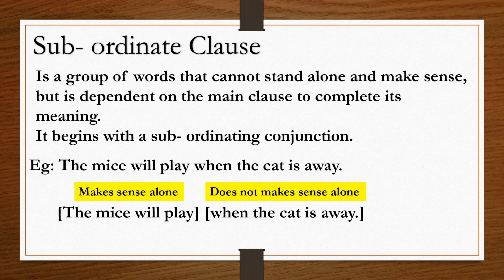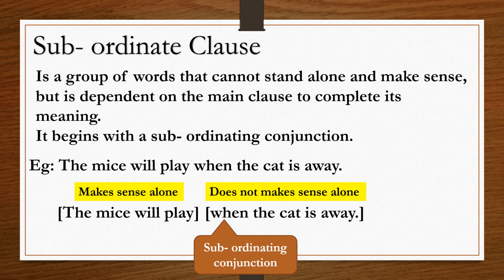The group of words "when the cat is away" cannot stand alone and make sense, but it is dependent on the other part of the sentence, which is the main clause, to complete its meaning. Therefore, the group of words which does not make sense, that is, "when the cat is away," is the subordinate clause of the sentence. See, this clause begins with a subordinating conjunction, "when".